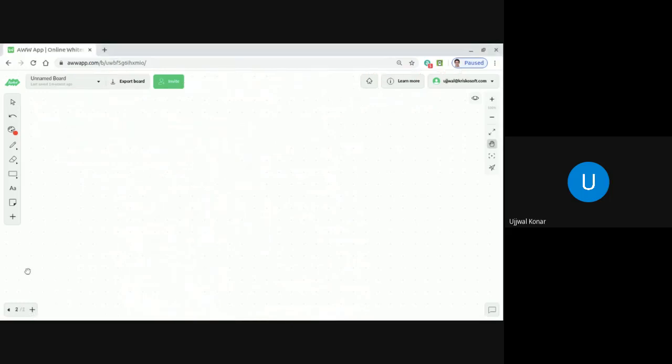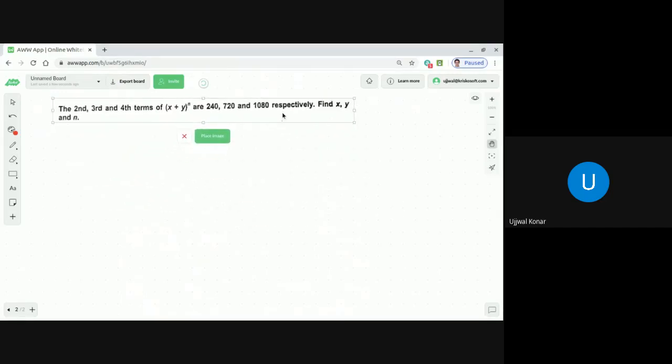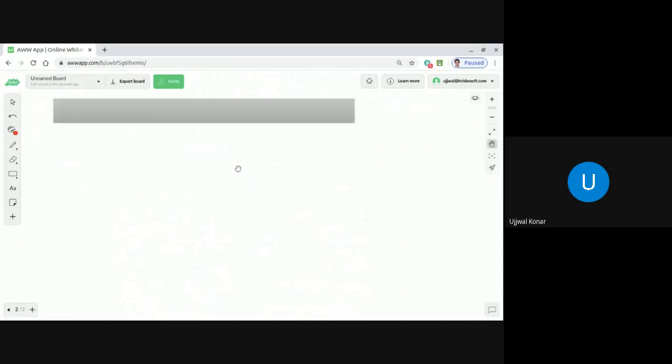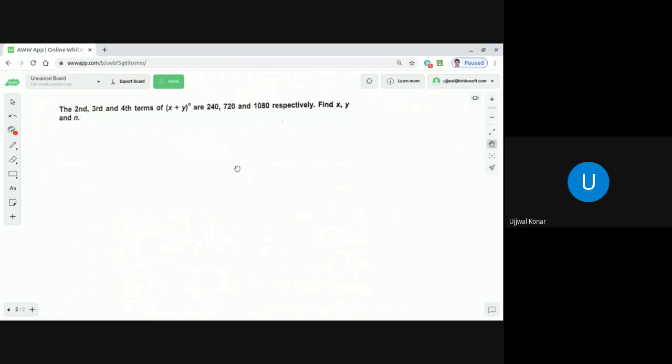And here it is. I'm just going to give you the question. The second, third, and fourth terms of x plus y power n are 240, 720, and 1080 respectively.